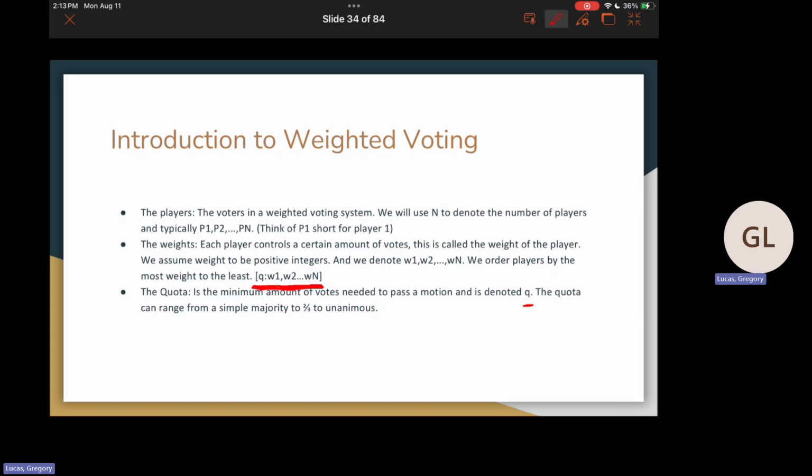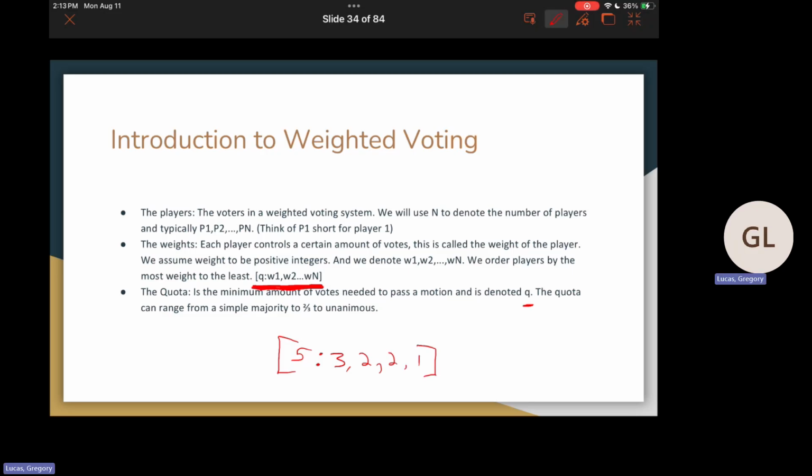So the idea is if you have a weighted voting system, the first number tells you how many votes you need to pass, and the numbers that come after are the weights of each vote. For example, let's say it's 5. That means you need 5 votes to pass. Let's say player 1 has 3 votes, player 2 has 2 votes, player 3 has 2 votes, and player 4 has 1.